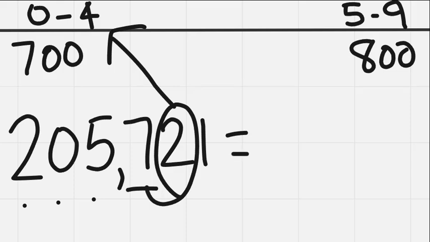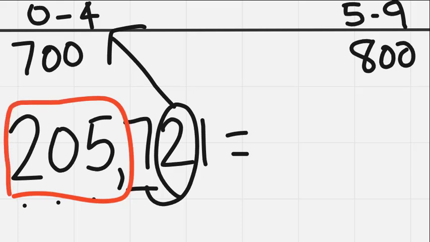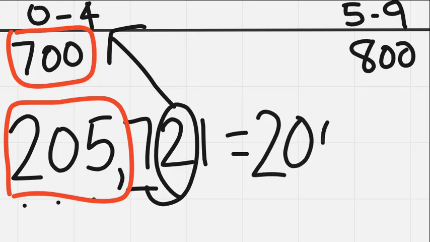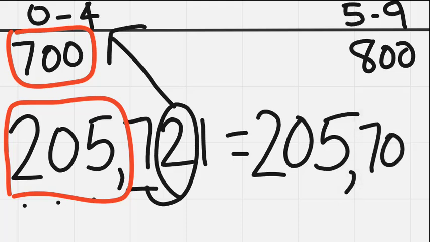When we write the answer, we will write 205,000 and then we will write 700 because 2 tells 721 to round down. So when we round 205,721 to the nearest hundred, the answer will be 205,700. Be sure to check your answer.